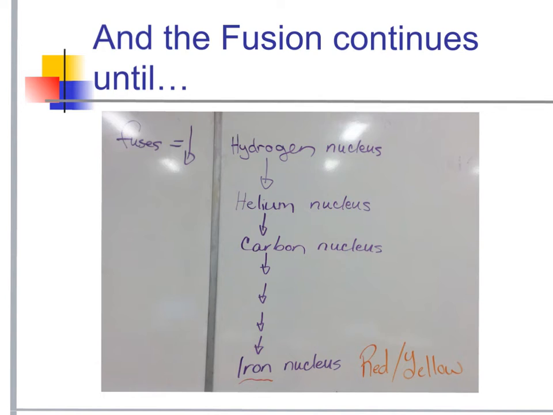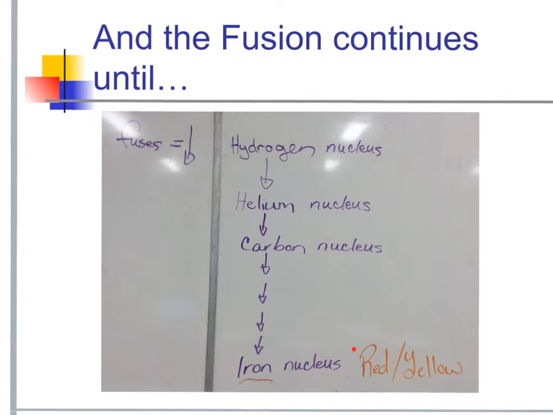Iron is a very heavy nucleus, so it will not fuse together with another iron nucleus. When a star runs out of its source of hydrogen and moves towards being composed of these iron nuclei, it is near the end of its life cycle. And when a star dies, it will experience a supernova explosion.